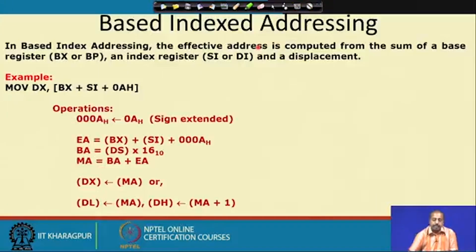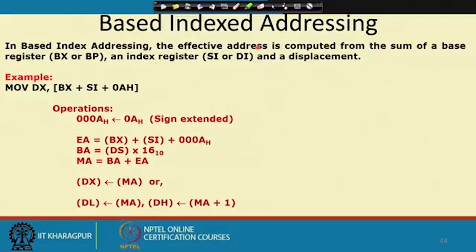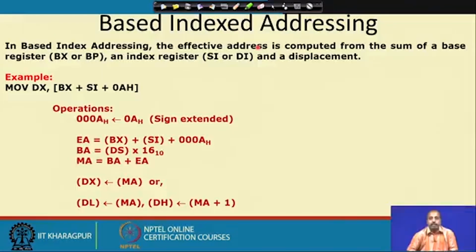Next we have the based indexed mode. Based indexed mode means we have a base register plus an index register, taken together. Many times you may need two or more indices, particularly when you are working with two dimensional arrays, where we maintain two different indices i and j for the two different dimensions.